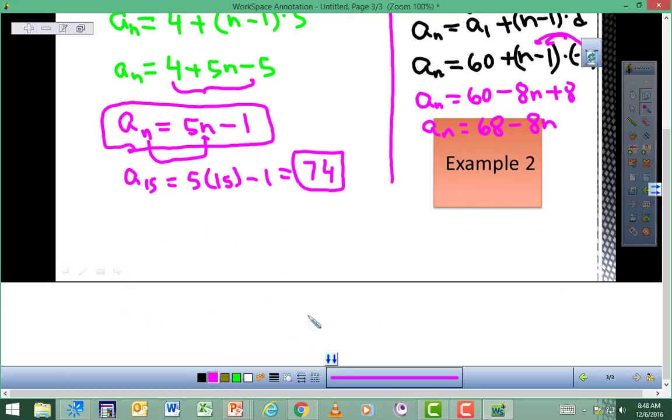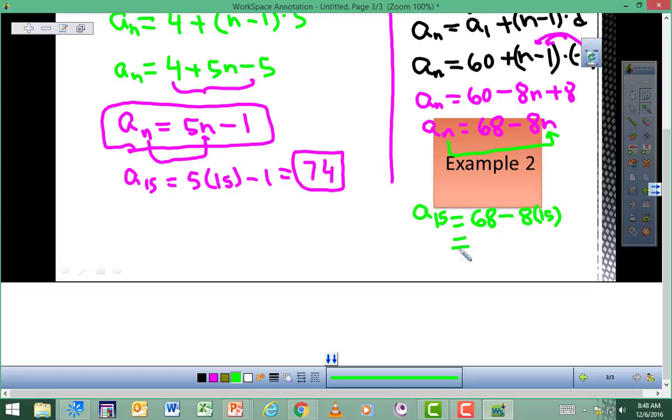Now what we need to do is find the 15th term. So we're going to say a sub 15 just means put 15 in right here, right? And so we get 68 minus 8 times what? Times 15. And so I'm just going to use my trusty calculator.